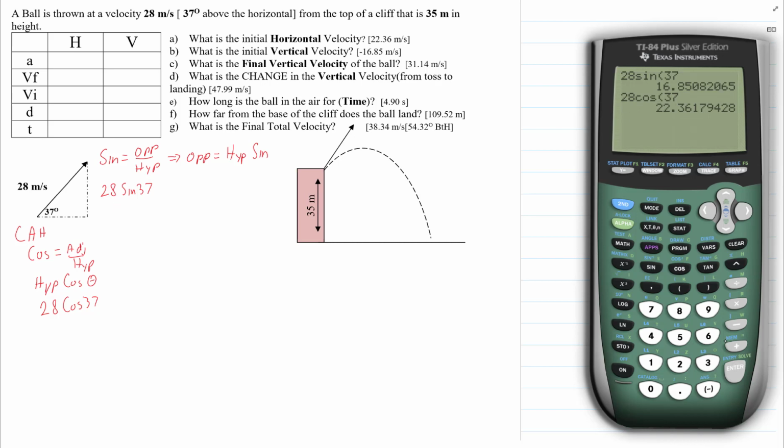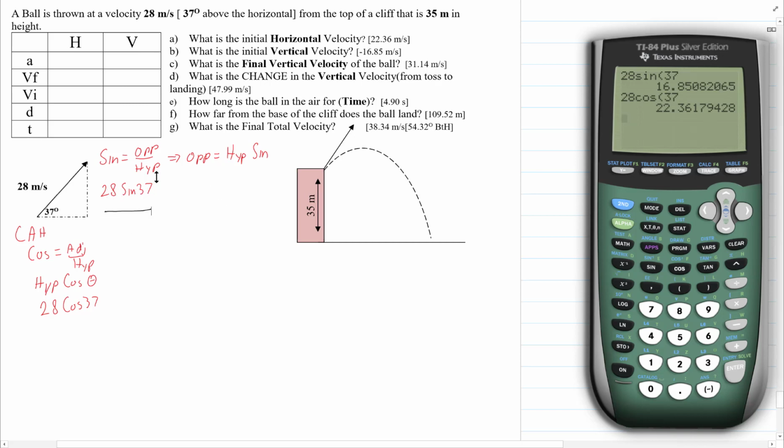So the sine is, this is upward, and that's going to be 22.36. So initial velocity vertically is 22.36 up. Oh, no, I got that wrong. The sine is 16.85, see? So quick. And if you do it wrong, you're doing a different question than the one I gave you.